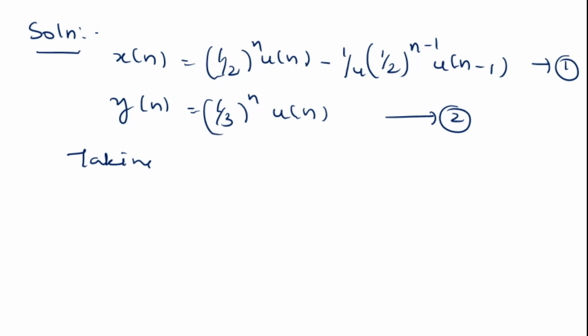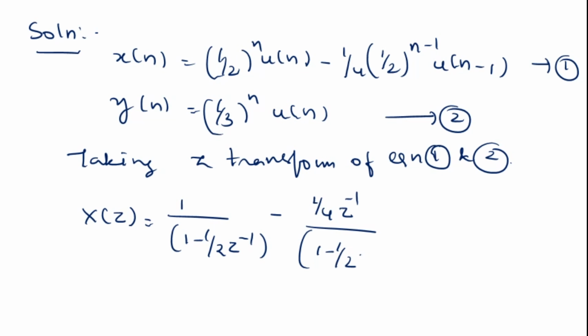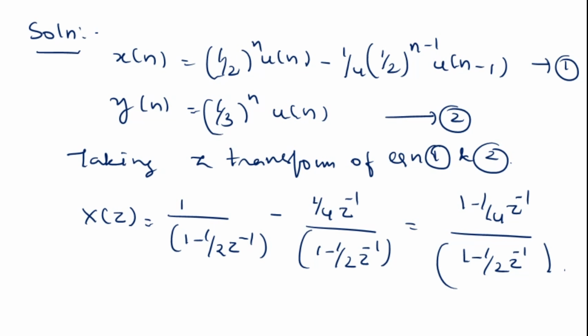Taking the z transform of equation number 1 and 2, we get x of z is equal to 1 divided by 1 minus half z inverse minus 1 by 4 z inverse divided by 1 minus half z inverse, which is equal to 1 minus 1 by 4 z inverse divided by 1 minus half z inverse, and y of z is 1 divided by 1 minus 1 by 3 z inverse.